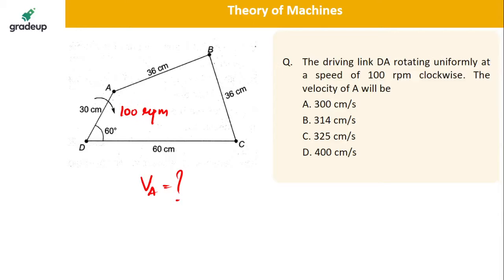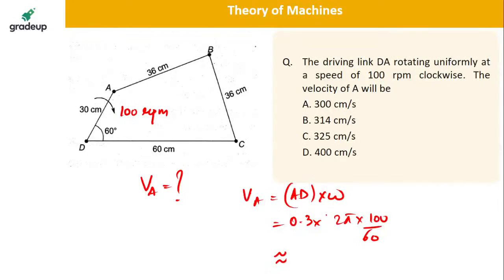Very good. It is directly VA is equal to AD into omega. AD is 0.3, omega is 2 pi N by 60, where N is 100. So you'll be getting approximately, what is the answer? Quickly.